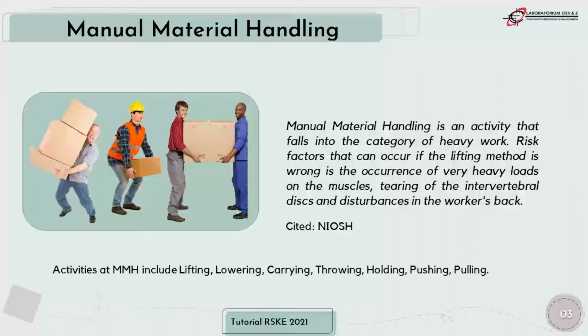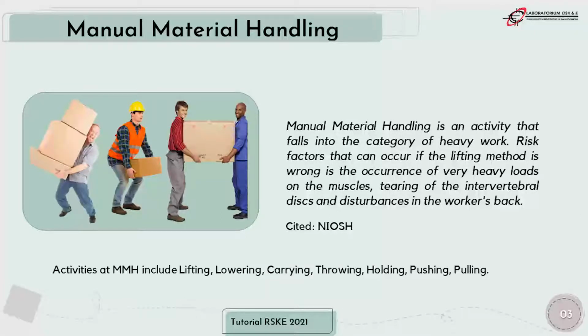Okay, now I will explain what manual material handling is. Manual material handling is an activity included in the heavy work category because it is very high risk, especially to the spine or back of the people.